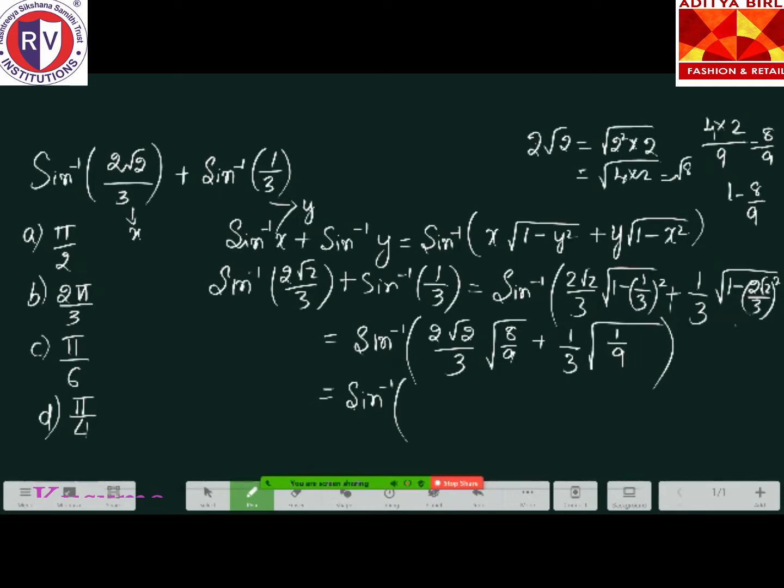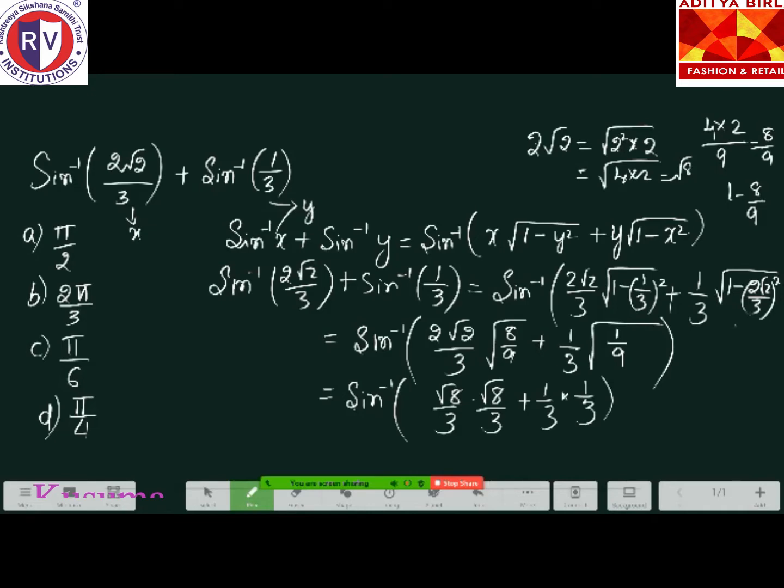So 2 root 2 can be written as root 8 divided by 3. Here also there is root 8 divided by 3 because root of 9 is 3 plus 1 by 3 into 1 by 3. That is, I am taking the root, that is root 1 is 1 and root of 9 is 3.